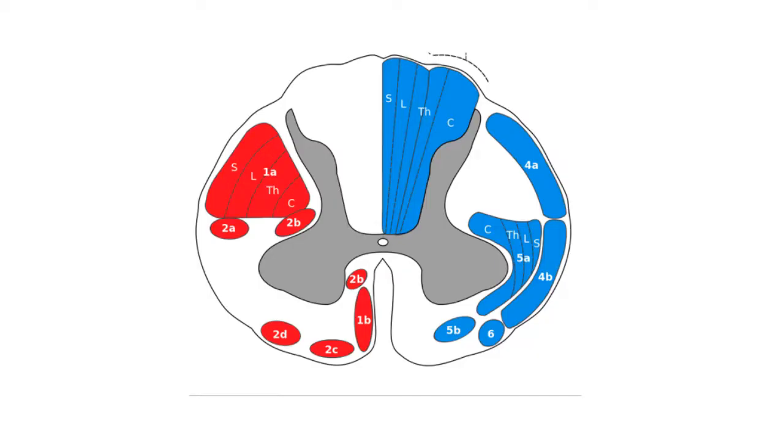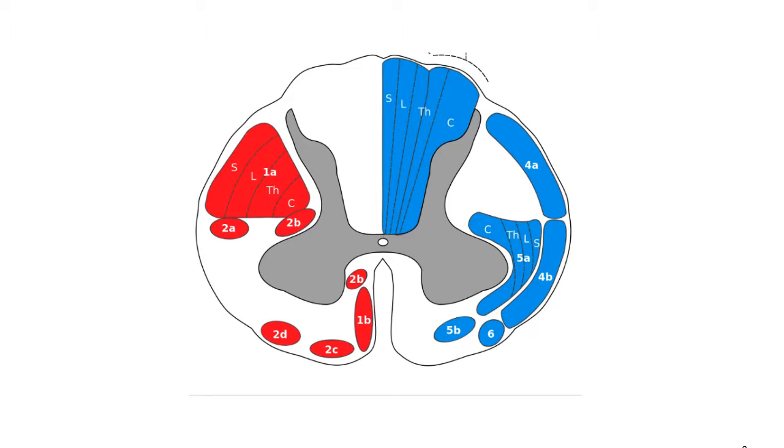Last time we finished by talking about reflexes. And when we think about reflexes in the spinal cord, is that something that happens in the white matter of the spinal cord or in the gray matter of the spinal cord? Which part did we do the reflexes in?